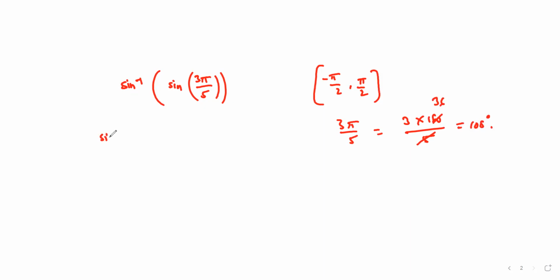So I can write this as sine inverse of sine of pi minus 2 pi by 5. Right? That is nothing but 2 pi by 5. Over.